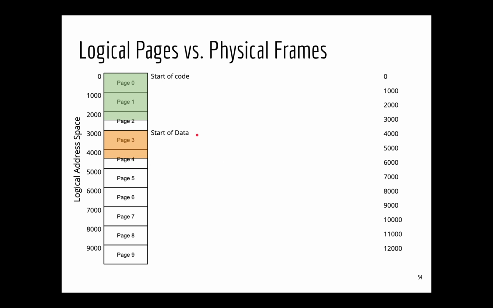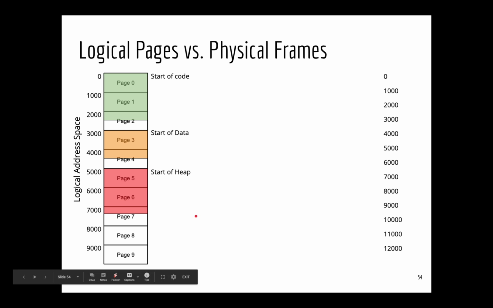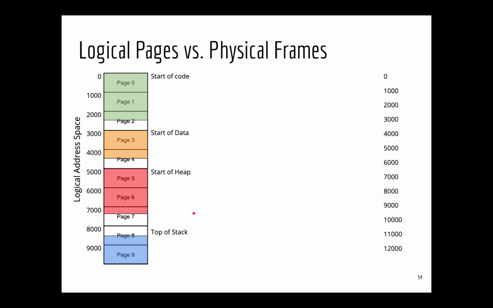So for this example, the data of the process has to start at logical address 3000. And let's look at the heap, and let's say the heap is 2500. It will require 3 pages, and let's say the stack is 1300. That will require 2 logical pages.